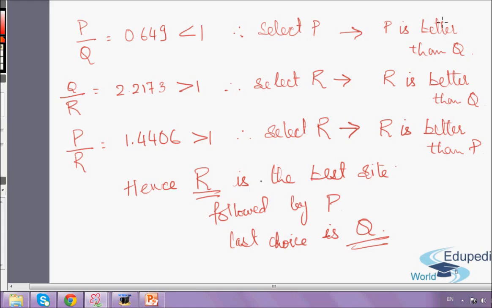Well, that's all we have in this session of dimensional analysis, and let me summarize that when we use dimensional analysis, we can select any two sites at a time.